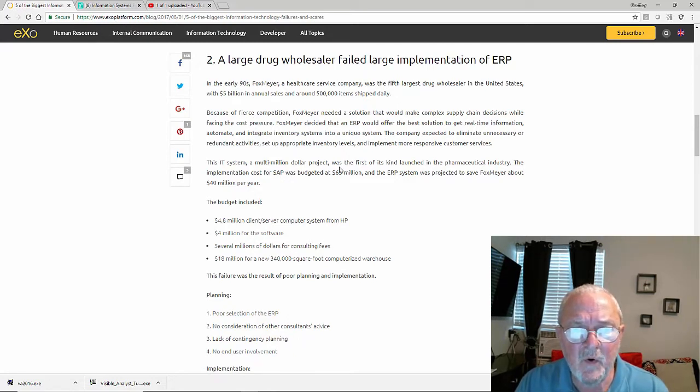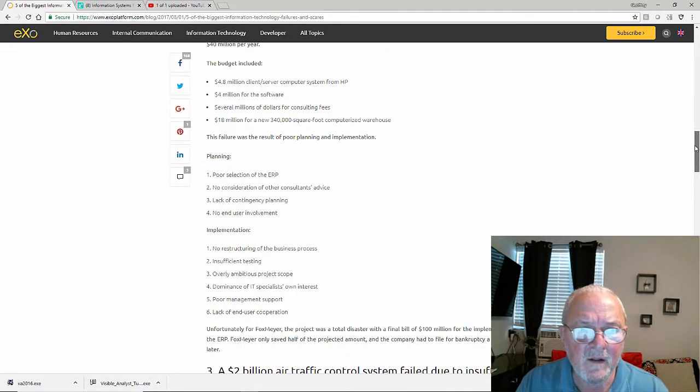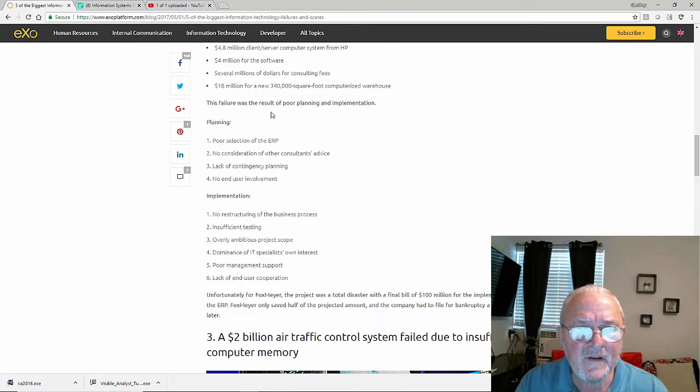This IT system, a multi-million-dollar project, obviously large, first of its kind, launched in pharmaceutical. The implementation cost for SAP, which is a type of ERP, was budgeted at $65 million, and the ERP system was projected to save FoxMeyer about $40 million a year. Okay, large budget, and it says this failure was the result of poor planning and implementation. Those are phases of the SDLC.